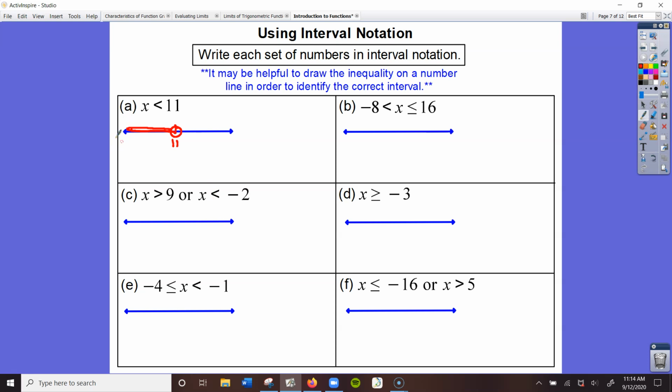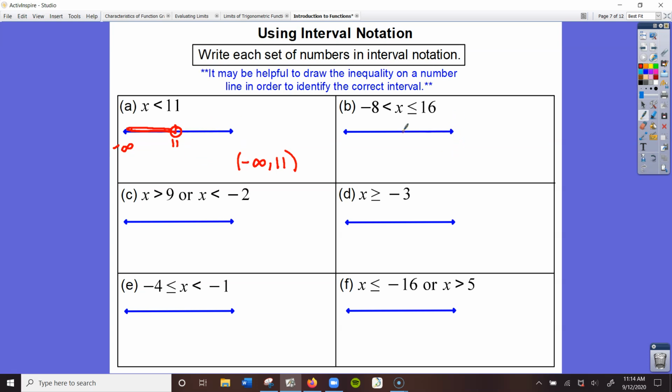Keep in mind that on the left side of the number line is negative infinity, because the further left you go on the x-axis, the more negative those numbers become. So our domain here would be from negative infinity to 11, and we're using parentheses for both since neither are included. When we're writing our interval notation, we can use this number line as we read it from left to right, and it's those shaded areas.